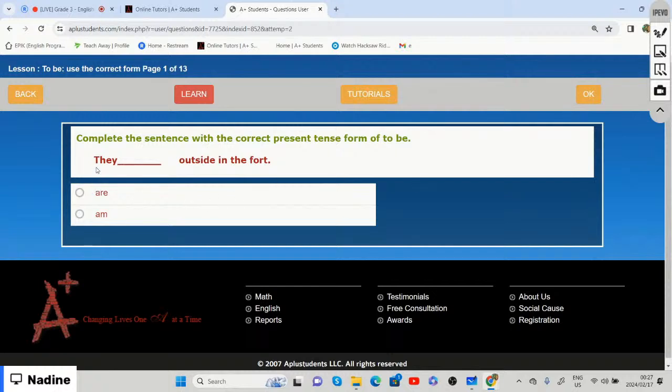So now we're going to say they. Do we say they are outside in the fort or they am outside in the fort?